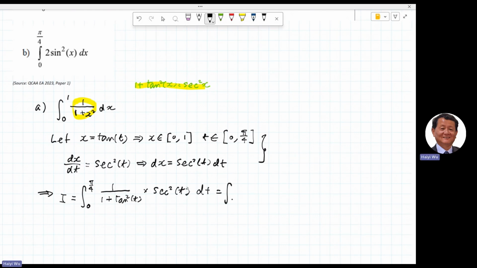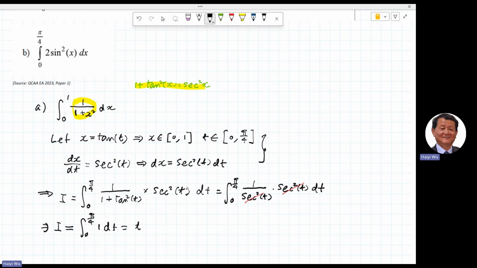Then I'm going to change this to 1 over secant squared t times secant squared t again. So these two cancel down to become 1 dt.